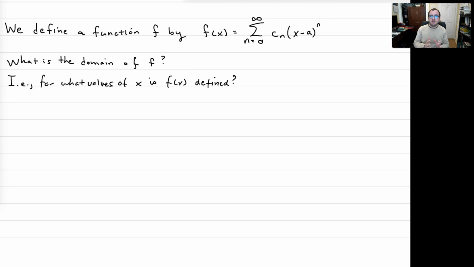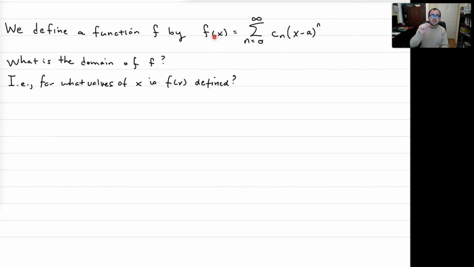Defining a function f whose values are given by this power series, f of x is the sum of c_n times (x minus a) to the n, so you plug x in and you evaluate the resulting series, is going to put our convergence tests to work. Because to define a function, you need to know its domain. And to know its domain, you need to know for which values of x is f of x defined?